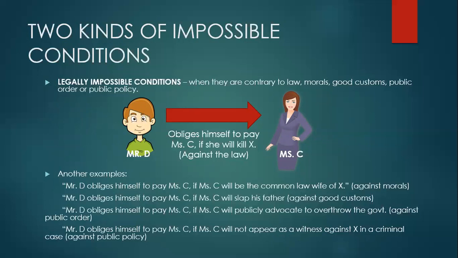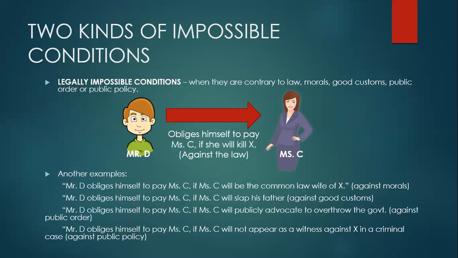Another example. Mr. D obliges himself to pay Miss C if Miss C will be the common law wife of X. This example is against morals, and therefore, Miss C will have the legal impossibility to comply with the condition. Another example, Mr. D obliges himself to pay Miss C if Miss C will slap his father, clearly against good customs.